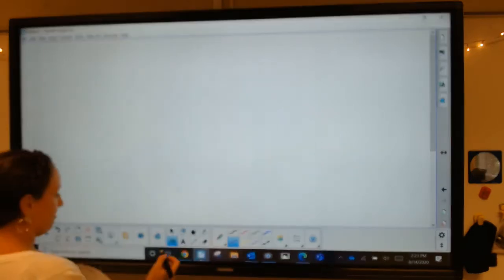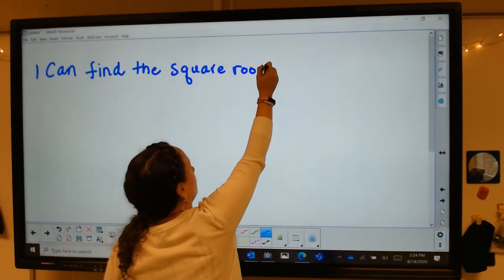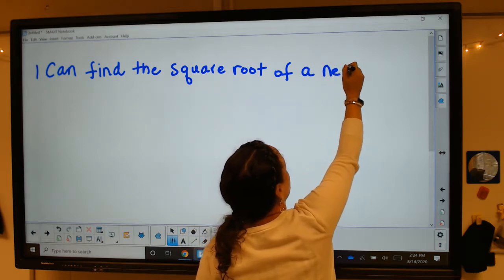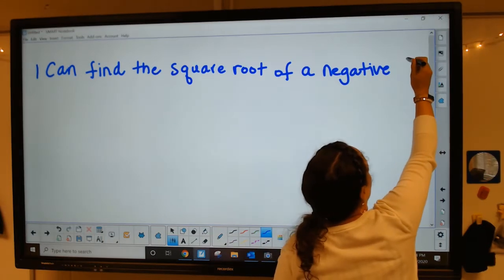I can find the square root of a negative number.